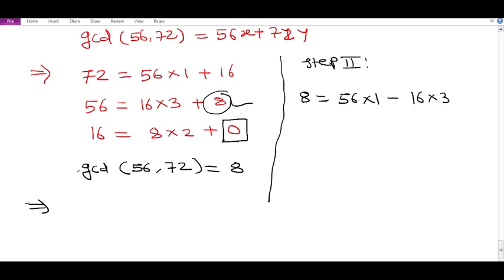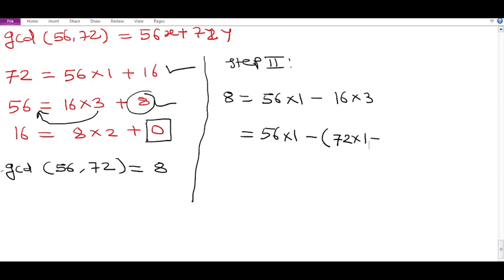Next, put the next remainder 16: 56 into 1 minus (72 into 1 minus 56 into 1) into 3.